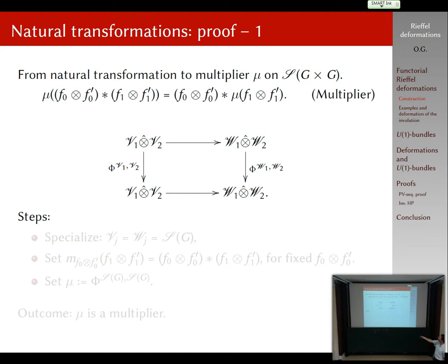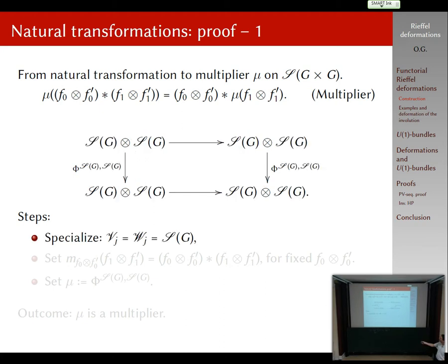So here is the definition of our natural transformations. We could start by specializing to the case when V1 and V2 are also equal to W1, W2, which are just the Schwarz algebra. Then you can specialize the morphism that you take here.